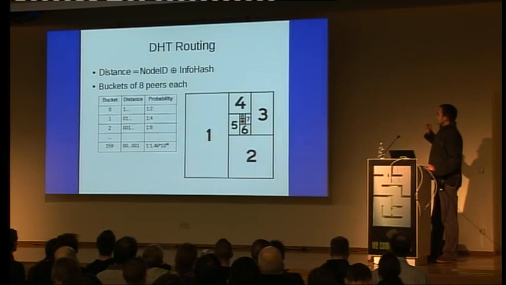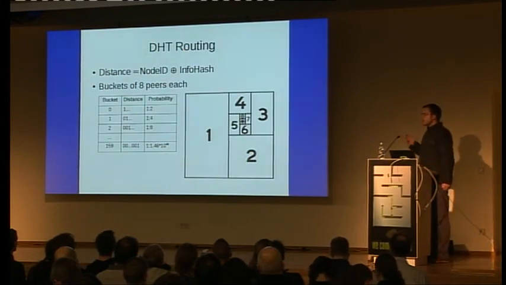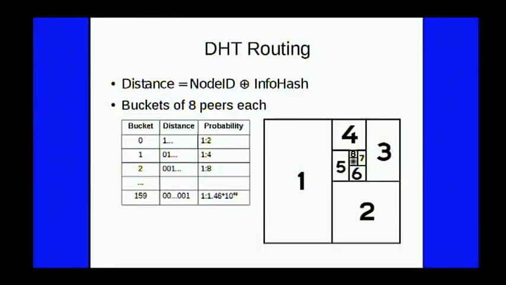Because imagine this is the key space and all the DHT nodes are equally distributed over the key space. So I store 8 peers in bucket 0. Oh, yeah, 1 is actually bucket 0 and 2 is actually bucket 1, and so forth.